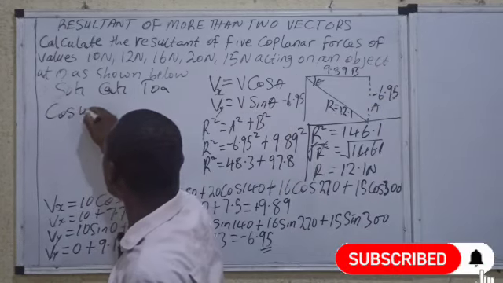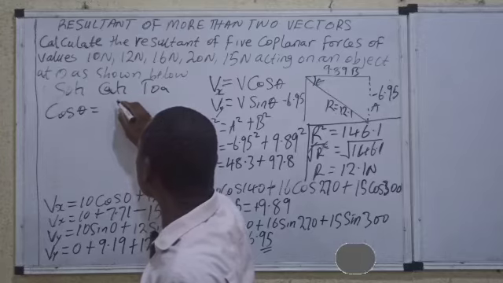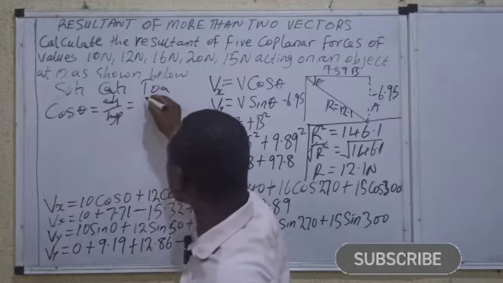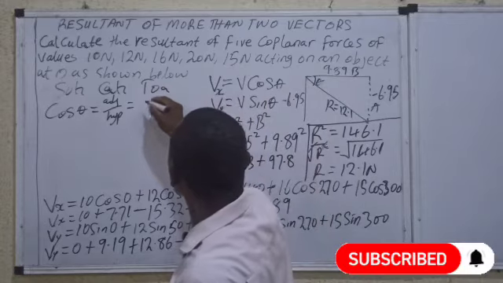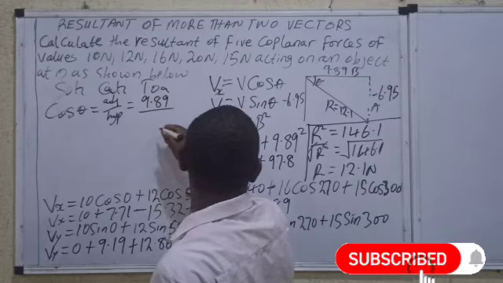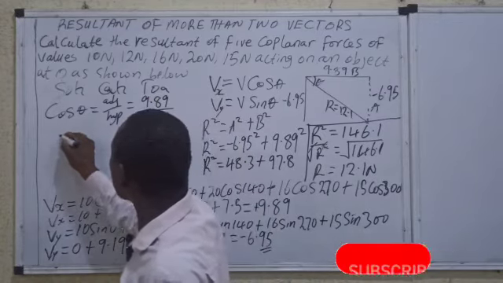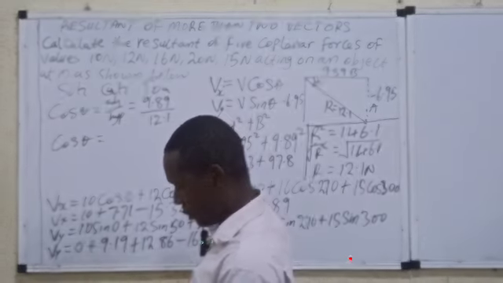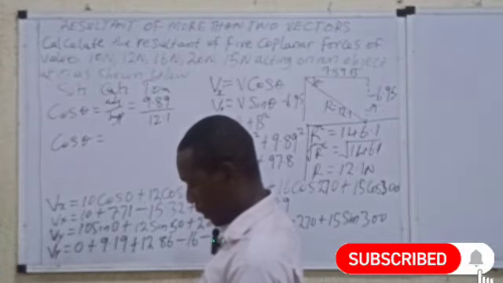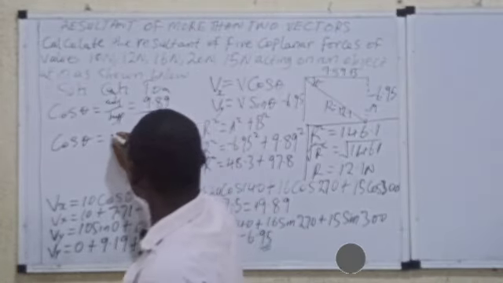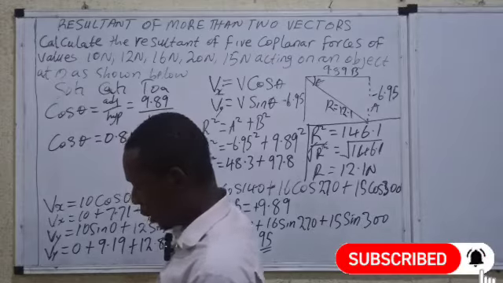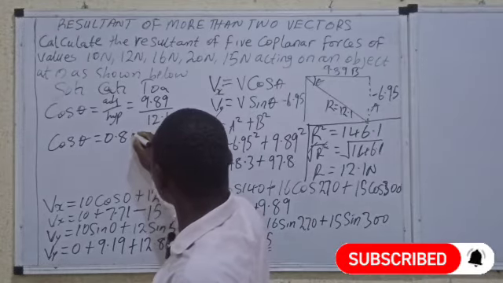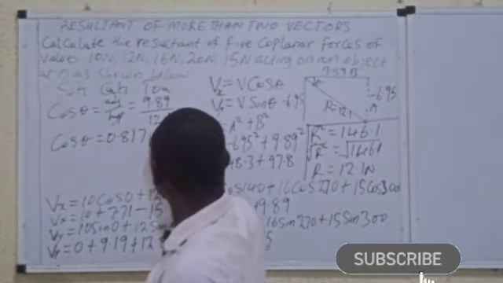So cos theta is equal to adjacent all over hypotenuse. What is your adjacent? 9.89. What is your hypotenuse? 12.1. And cos theta is equal to, if you do your normal division, you get approximately 0.8174.